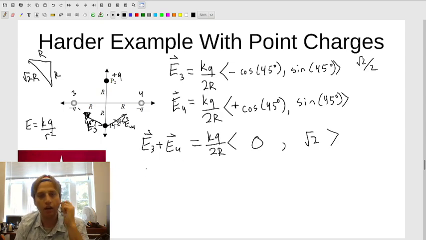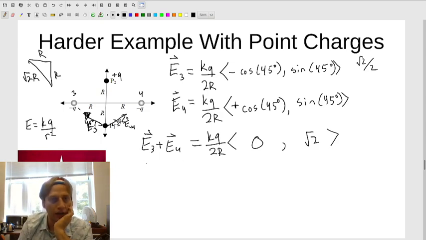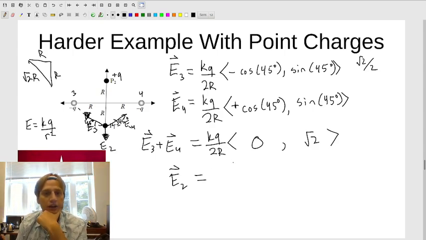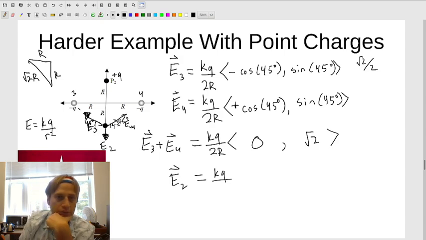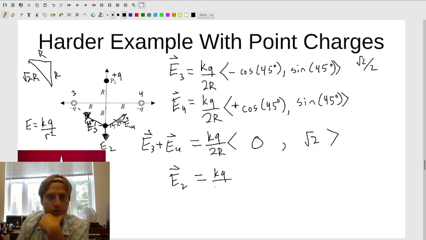Okay, and then I also just have my electric field pointing out from my Q2, so my E2. And so in my other case, it would be KQ over 2R squared, because this total distance is 2R, R plus R is 2R, and then you square that, you get 4R squared.